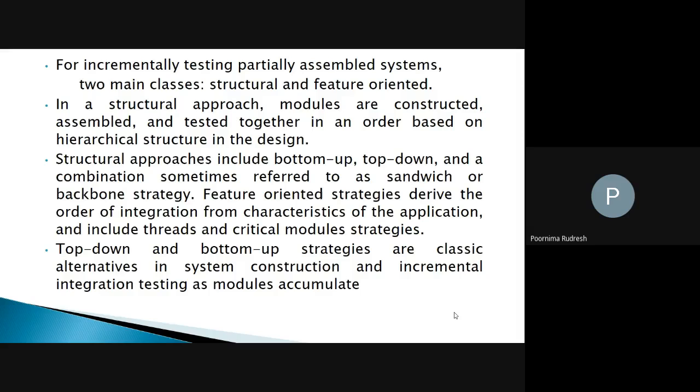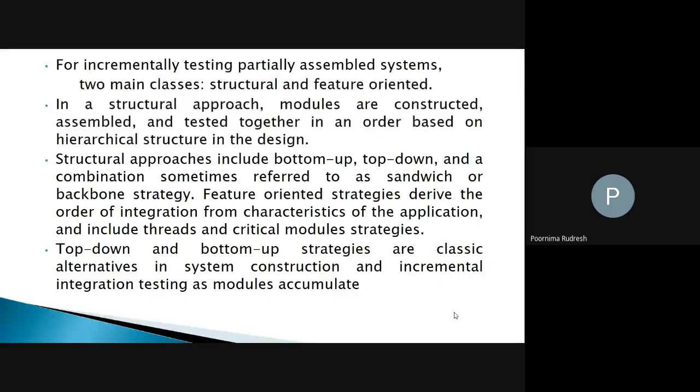As I said, the structural approach includes the top down and the bottom up approach, and these top down and bottom up strategies are the classic alternatives in system construction and incremental integration testing. Because as the modules accumulate, we need to identify the different faults, and we need to check whether all the modules are working in a correct manner or not.